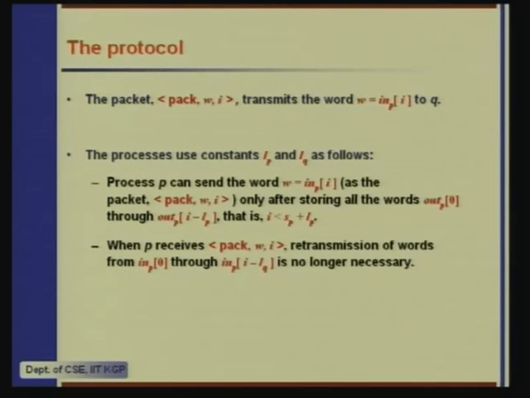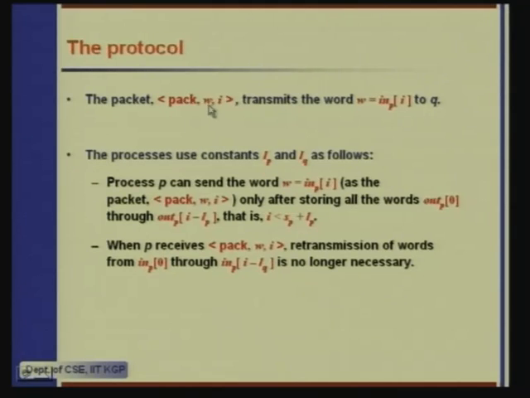Now, this is the protocol. The protocol goes like this: we will define the packet as pack to indicate that it is a packet, and then two numbers w comma i. This transmits the word w equal to in pi to q. Okay.